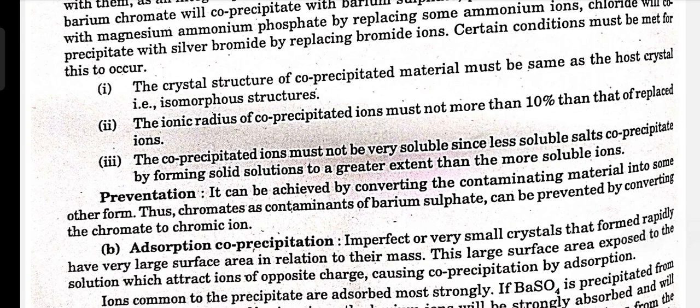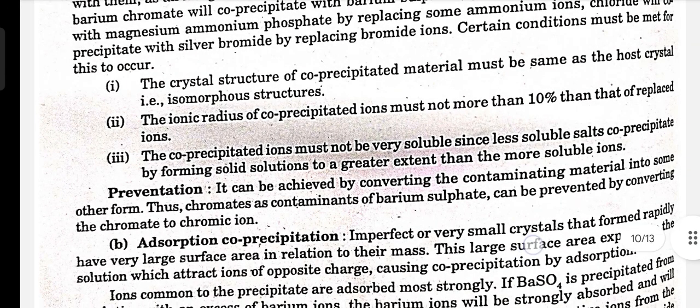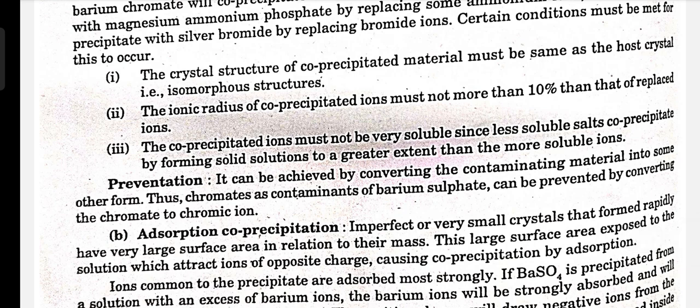Prevention. It can be achieved by converting the contaminating material into some other form. Thus, chromate as a contaminant of barium sulfate can be prevented by converting the chromate to chromic ions.